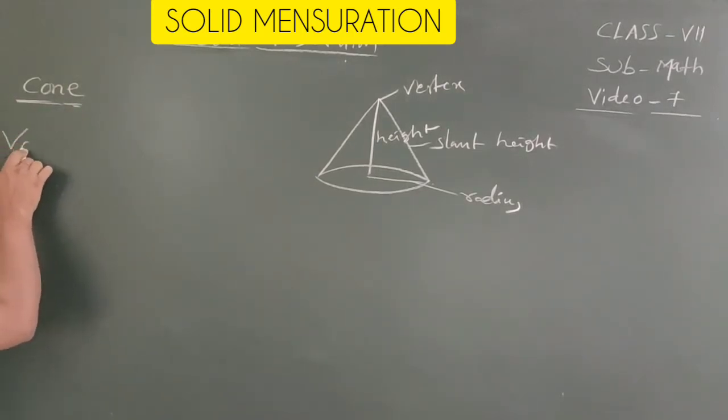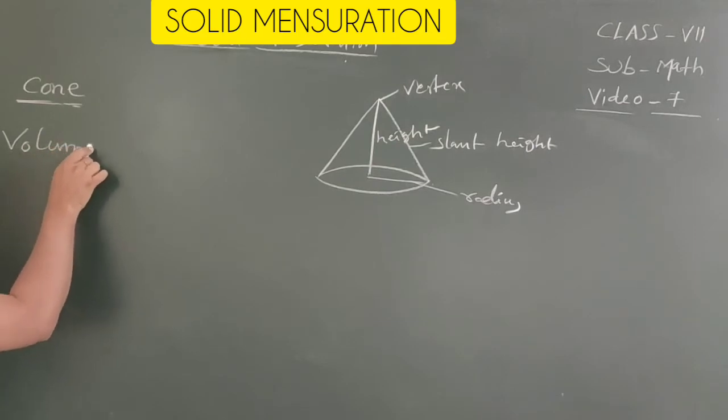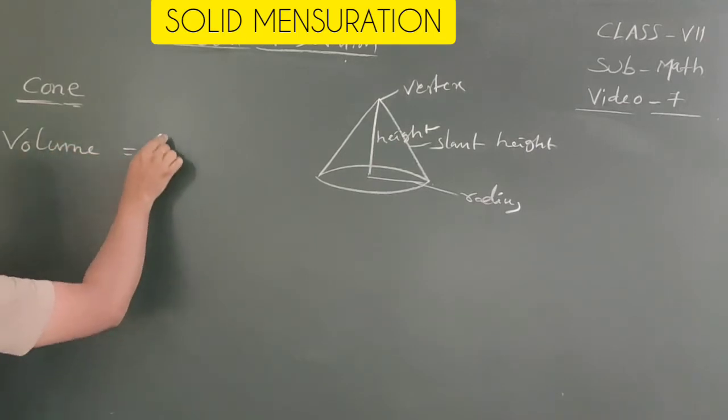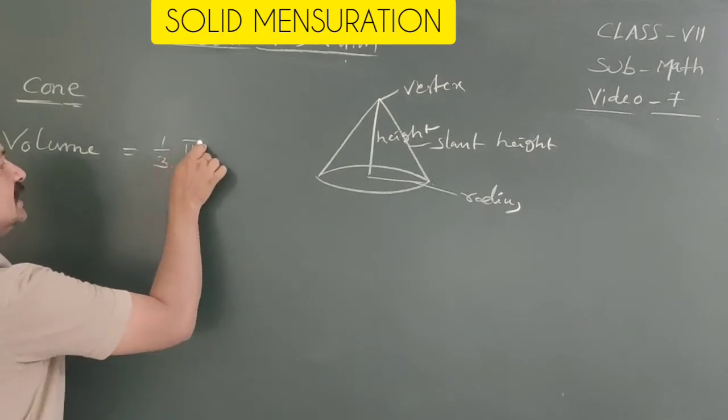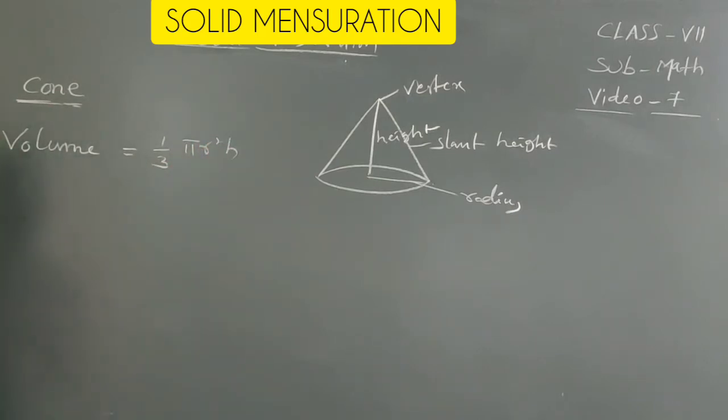The volume of a cone is 1/3 the volume of a cylinder. It doesn't have any theoretical proof, but we have practical proofs.